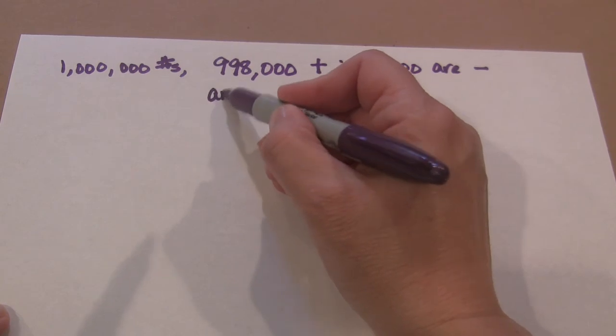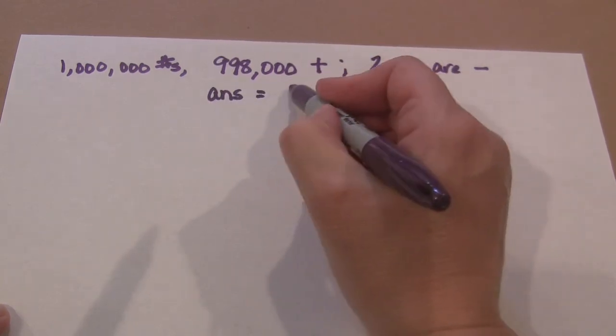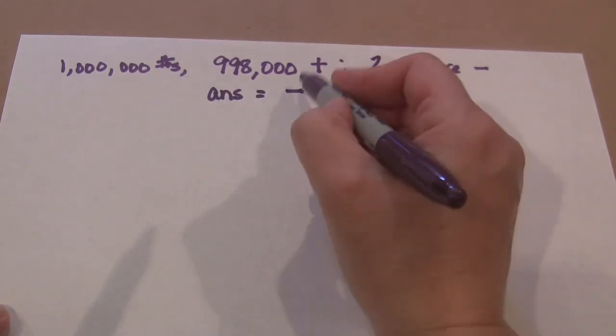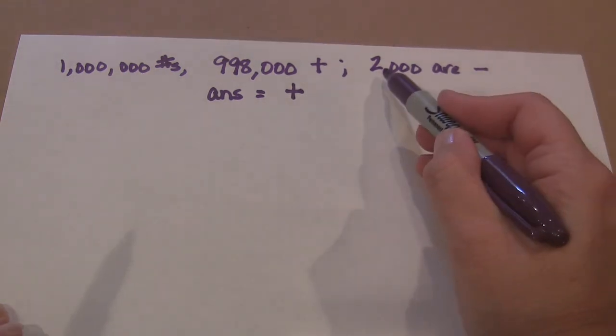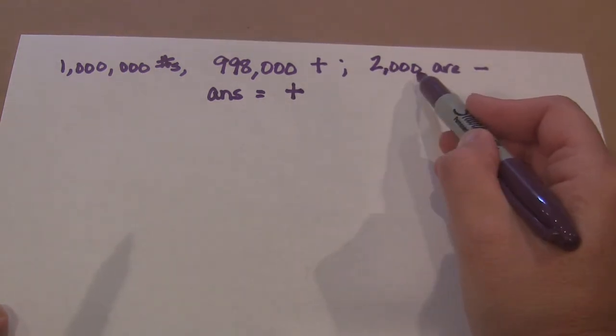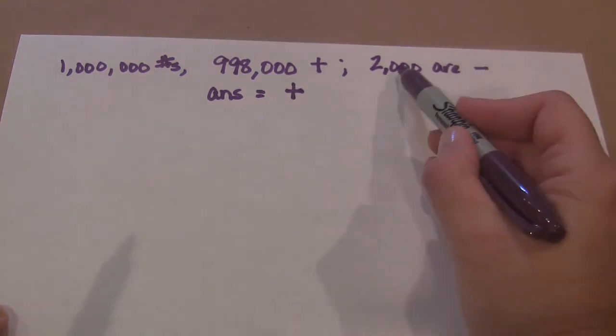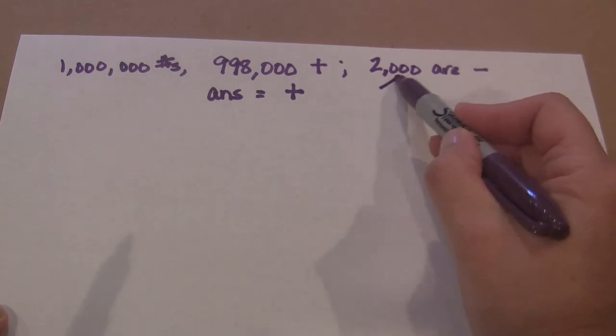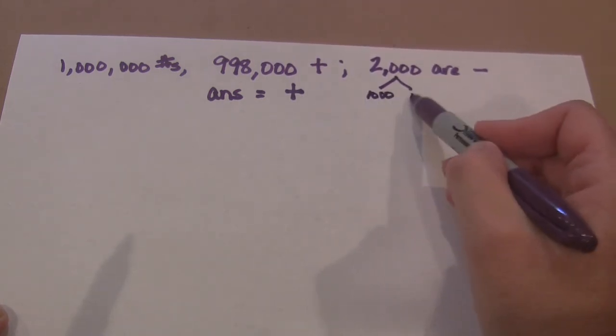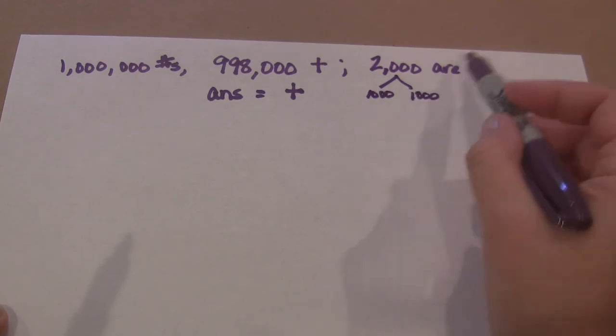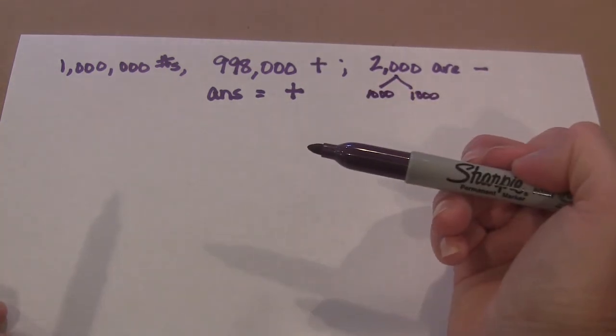Well, your answer will be a positive number, because you have 2,000 negative numbers. 2,000 is divisible by 2, right? Into 1,000 and 1,000. They'll cancel each other out, so your answer will be positive.